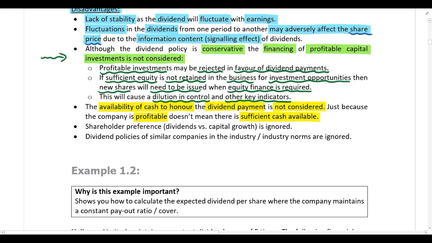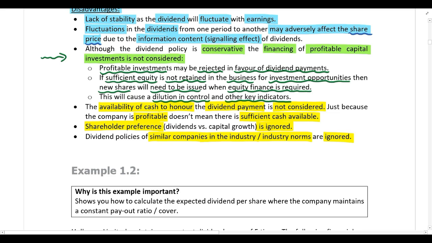Another disadvantage, guys, is shareholder preference when it comes to dividends versus capital growth is completely ignored. They don't consider shareholder preference. Every year, they just pay out 20% of their earnings as a dividend. And lastly, actually very similar to the last point, what similar companies in the industry are doing, or industry norms, are also completely ignored.